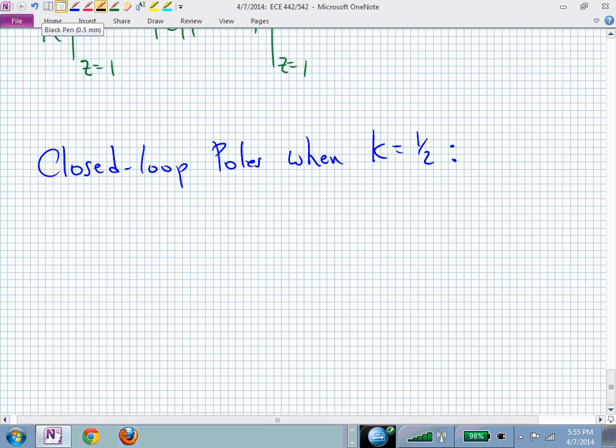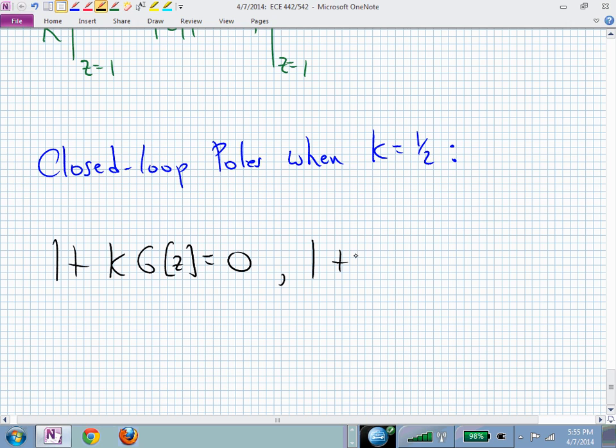Now, what's the equation that governs the closed loop poles? The denominator of T sub c of z, and that's just this 1 plus k g of z expression. We then have this 1 plus k g of z equals 0.